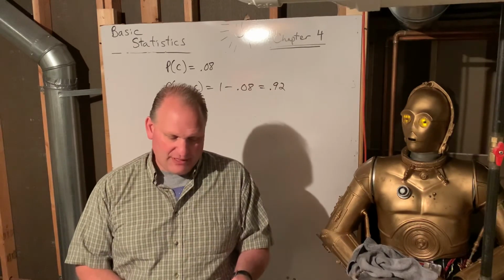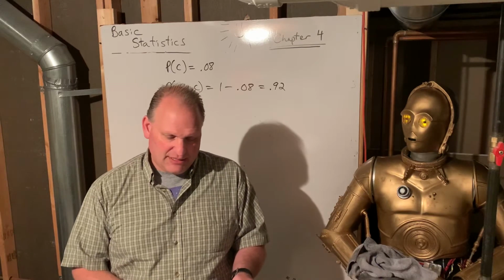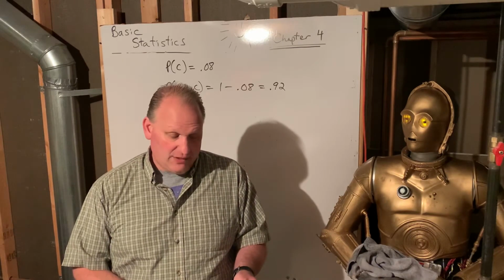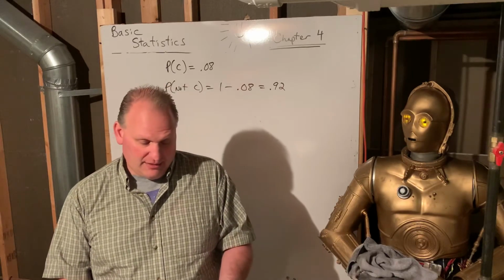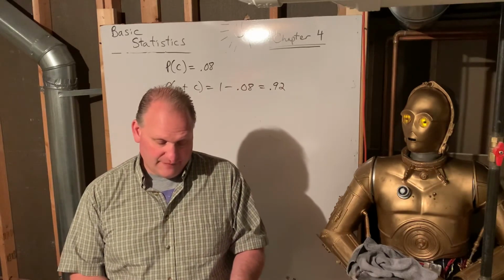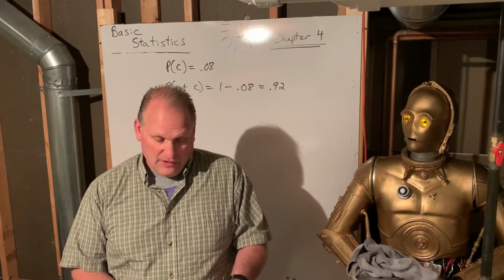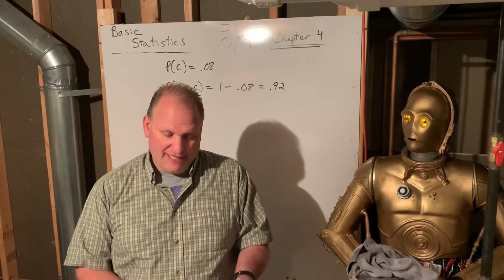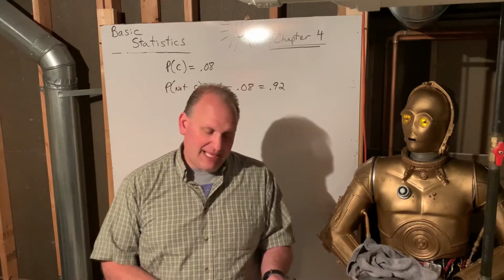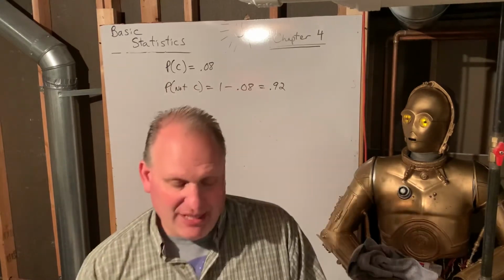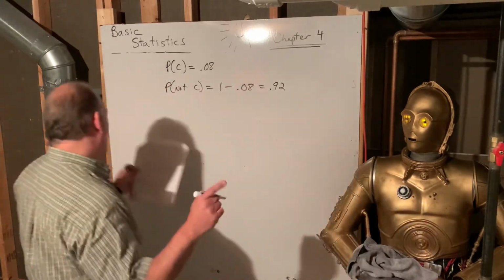Note the complement of having at least one success would be to have no successes. Okay. And then, for instance, what is the complement of having at least one hit in 5 at-bats? At least one hit. Remember what that means. That means 1 or 2 or 3.